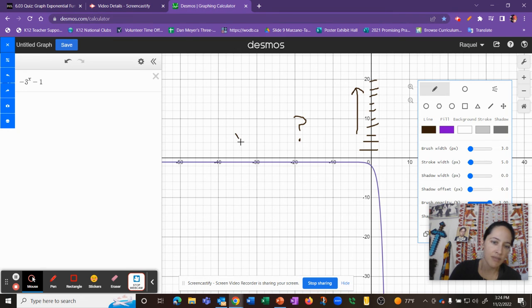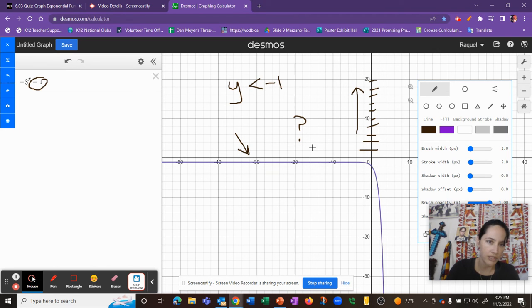No. Because of this horizontal asymptote, because of the way exponential graphs work and this number, we won't have any y values, in this case, above -1. So the range of this graph is y greater than, nope, I have that backwards, y less than -1.